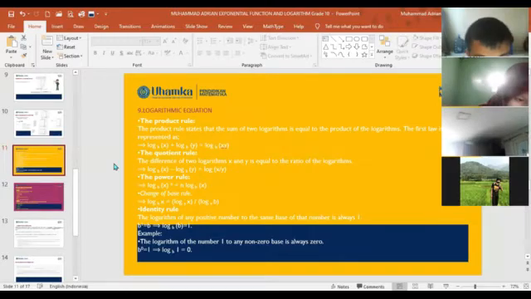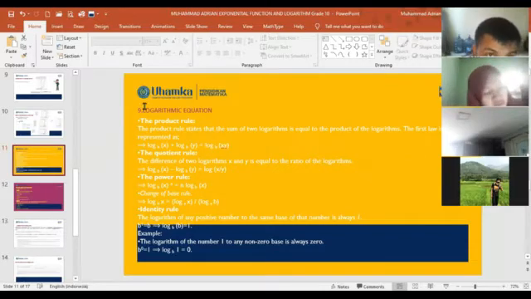The quotient rule: the difference of the two logarithms of x and y is equal to the logarithm of the ratio. The power rule: log b x power n.